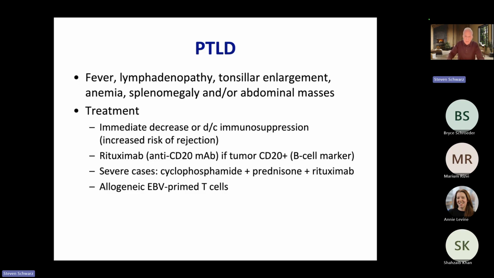In severe cases, you can use a variety of agents, and you can also transplant patients. This is called CAR T cell therapy with EBV primed T cells, which are allogeneic and can be infused and directed against EBV infected cells in the host.